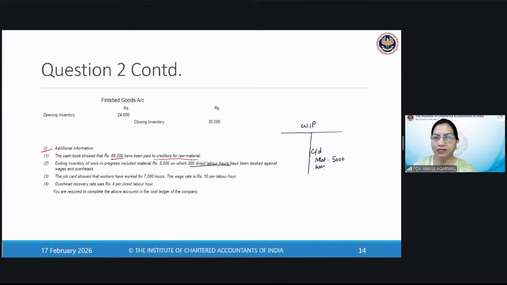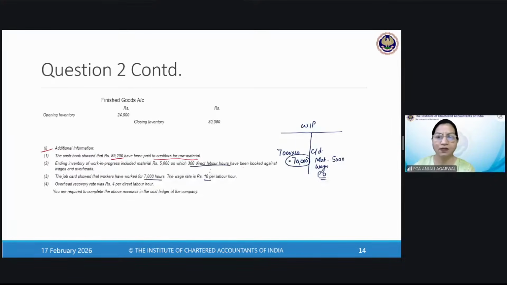So WIP has elements of material, wages, and production overheads or simply overheads as written here. The job card shows that workers have worked for 7,000 hours at the rate of 10. So WIP has 7,000 into 10 as wages control account. So 70,000 is also incurred as wages in the WIP. Wages are directly applied to WIP.